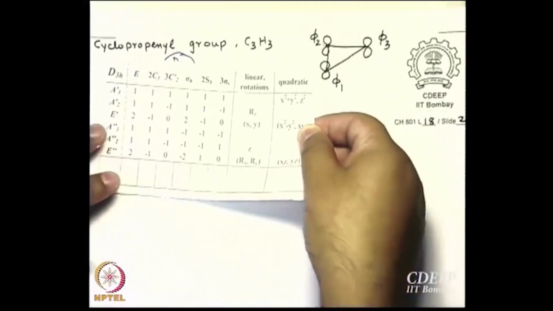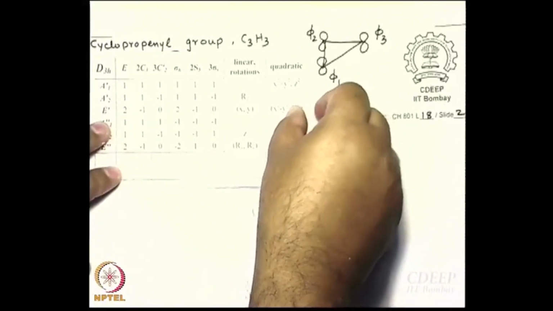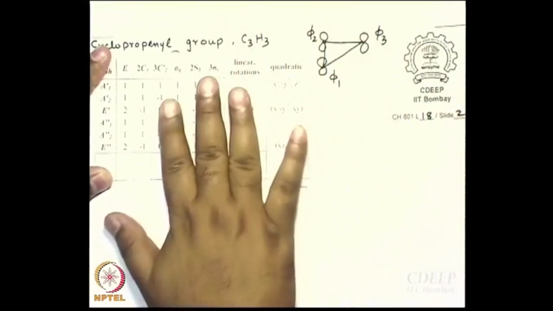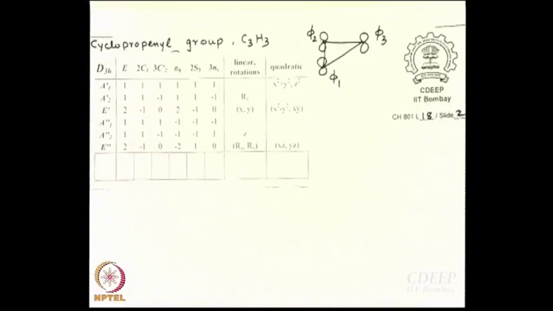This here is your D3h character table, and I can cover this D3h without a prick of my conscience, because in any case D3h is written here. All right, this is the character table of the D3h group. What are the symmetry operations you have? E, 2C3, 3C2, 3 perpendicular C2s, sigma h, 2S3, 3 sigma v.